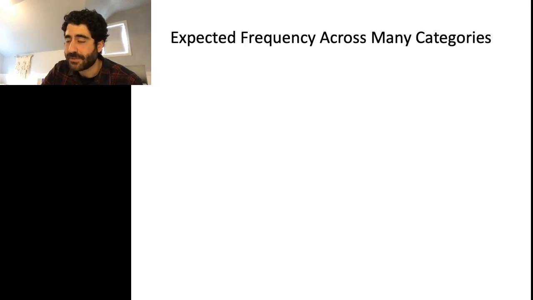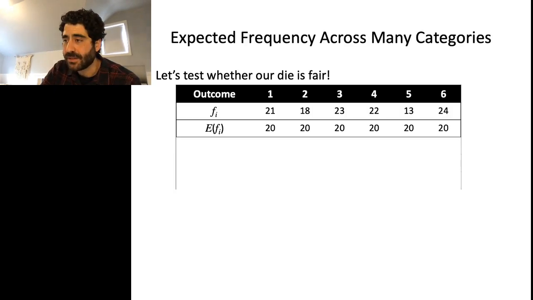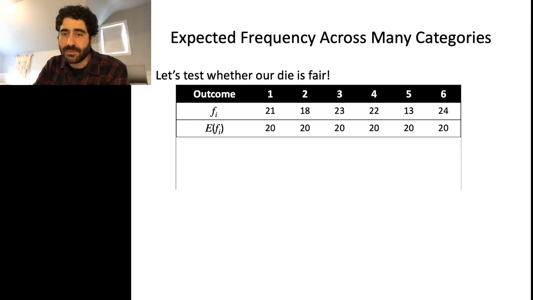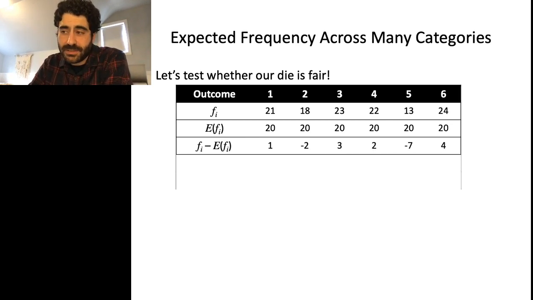Okay, so let's work this out for our die example. Here's the data I was showing before. The expected frequencies are coming from our null hypothesis, which in this case is that we should get about 20 in each outcome. The first thing we do is compute our deviations. For every outcome, we compare how many we actually got versus how many we expected.